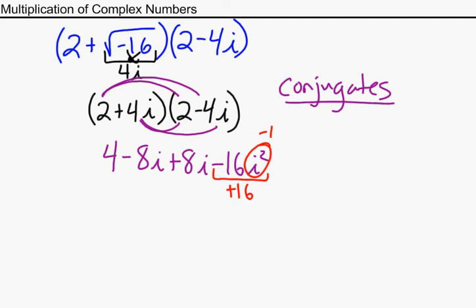So when I combine like terms, I put real with real. 4 and 16 gives me 20. And then imaginary with imaginary, which are my middle two terms, which cancels out. So when I look at conjugates in a complex sense, I'm going to go from two complex numbers to a purely real number. So that's the process we use to multiply complex numbers. It's just really important to remember that i squared equals negative 1.